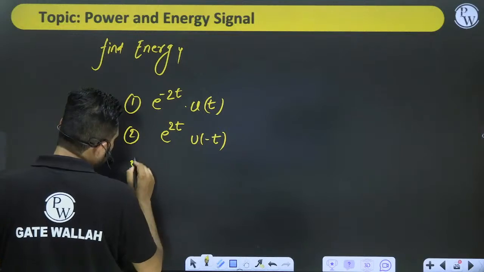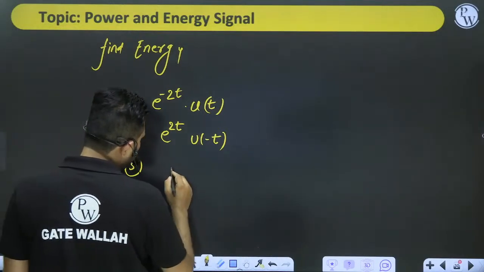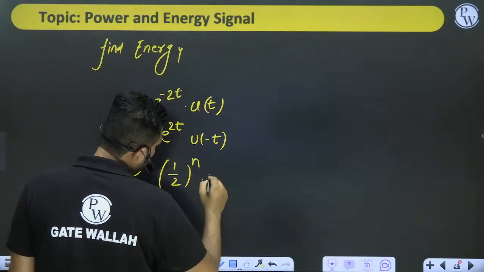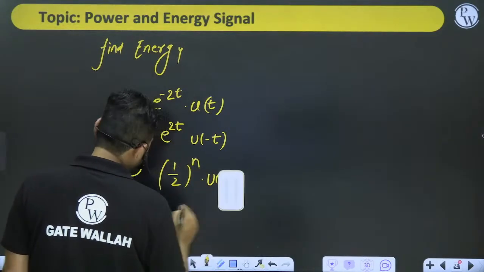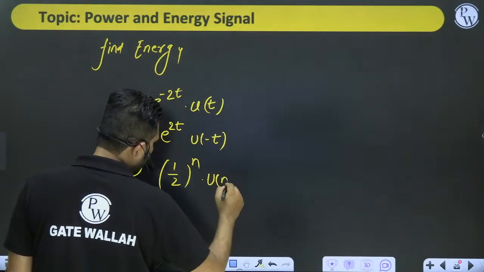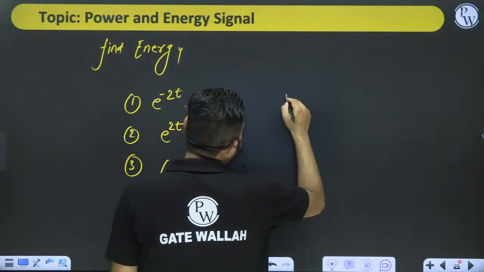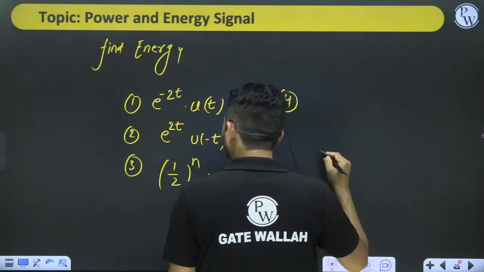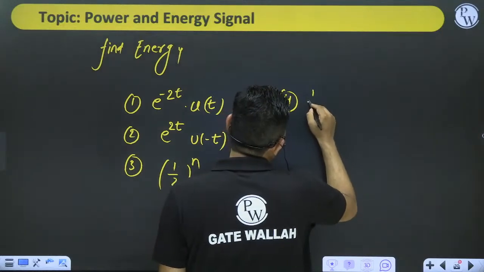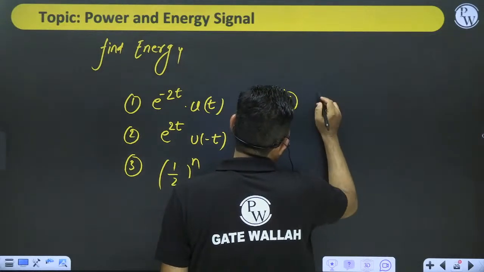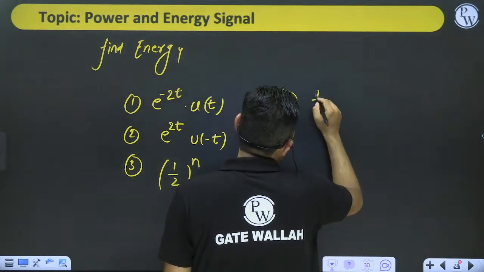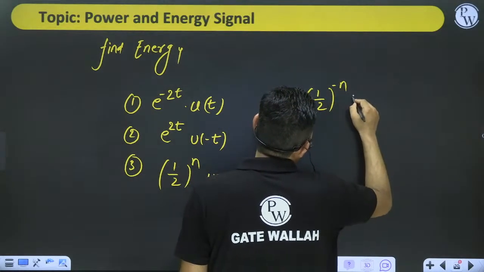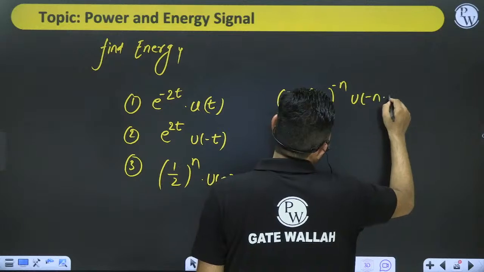Third is, let's say, 1 by 2 to the power n. Fourth is 1 by 2 to the power minus n u(minus n minus 1).